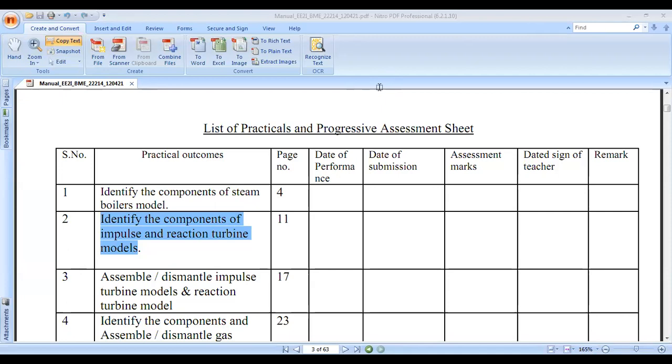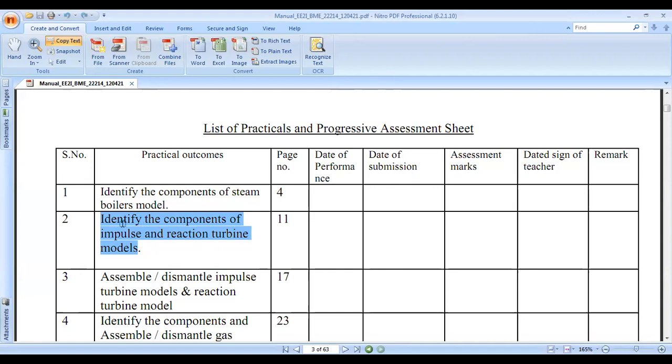Students, as you see in this PDF, the first is to identify the components of the steam boiler. The second is to identify the components of the impulse and reaction turbine.